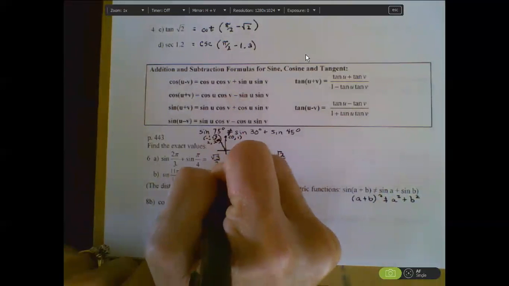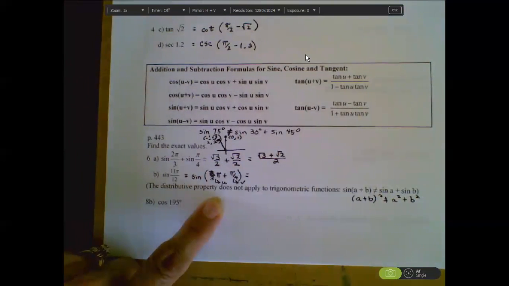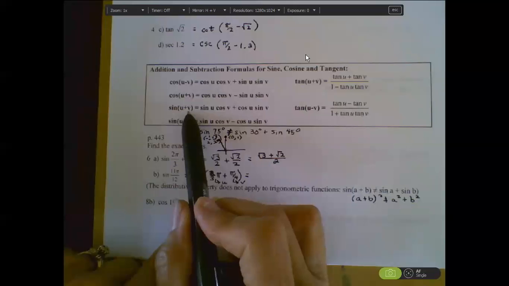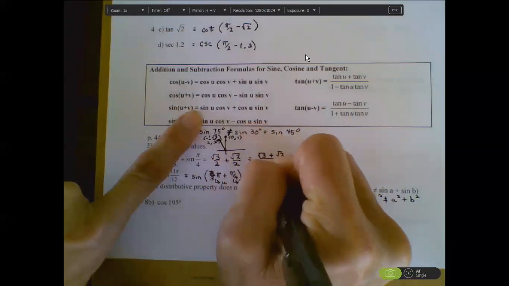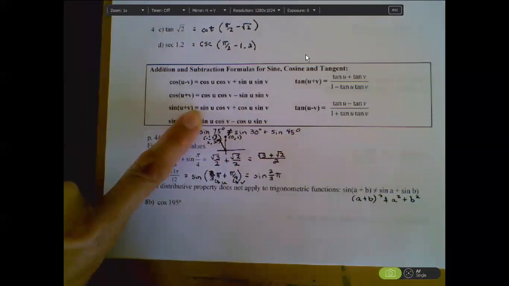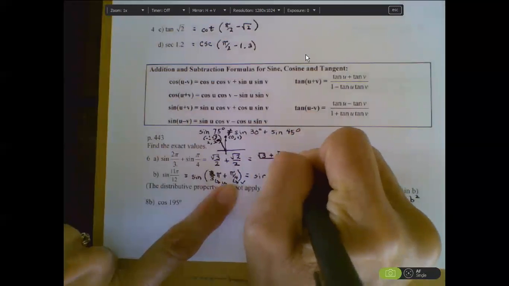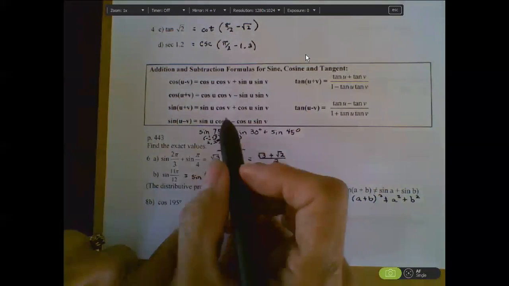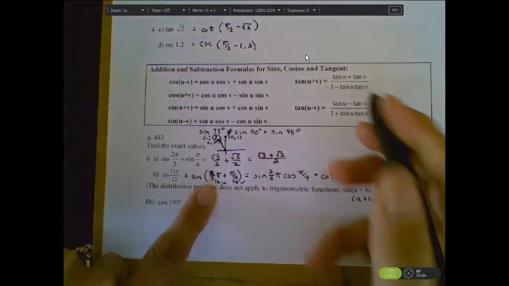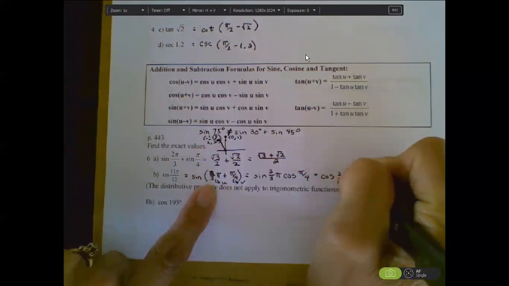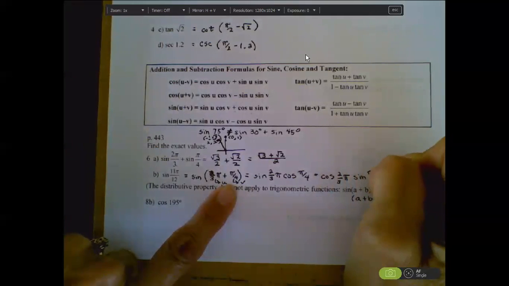If I call 2/3 pi my u and pi over 4 my v, then the sine of u plus v is the sine of u, that's the sine of 2/3 pi, times the cosine of this v, pi over 4, plus the cosine of u, which is my 2/3 pi, times the sine of v, which is my pi over 4.